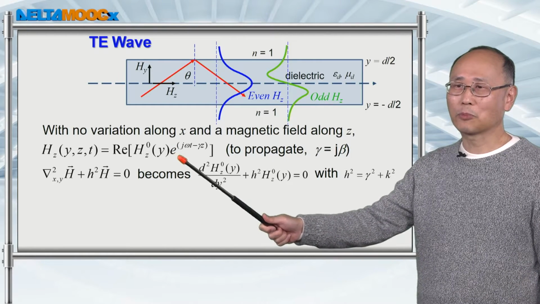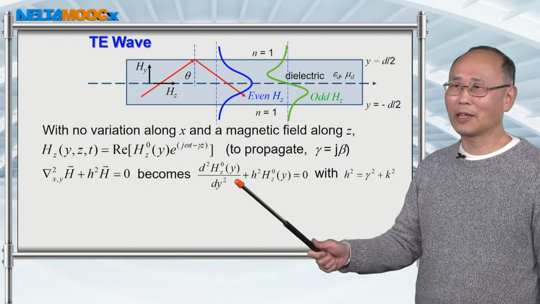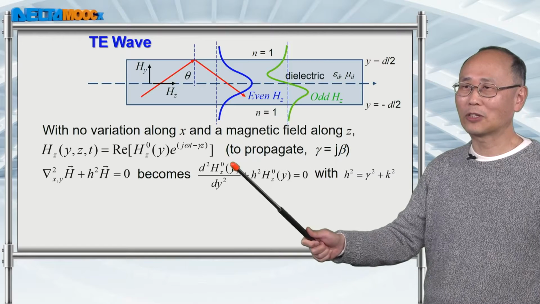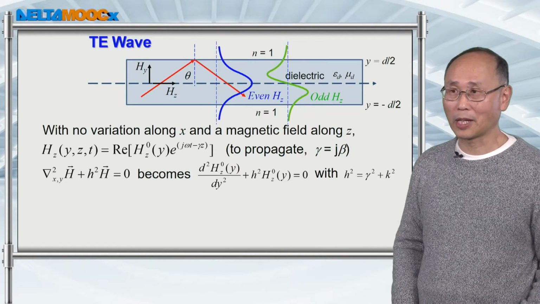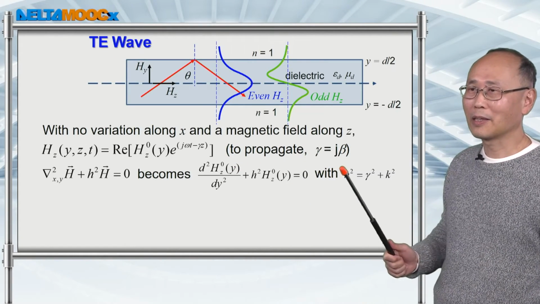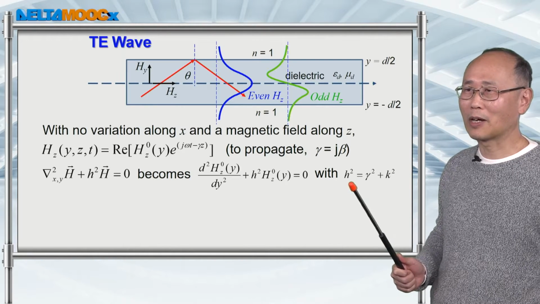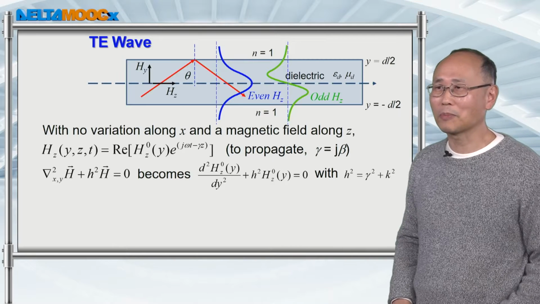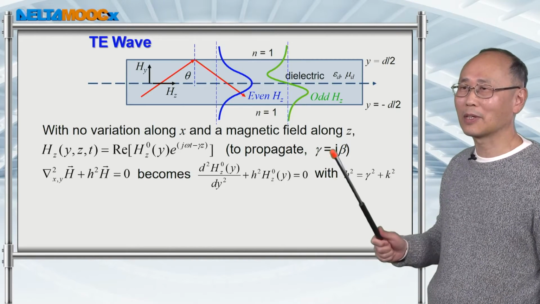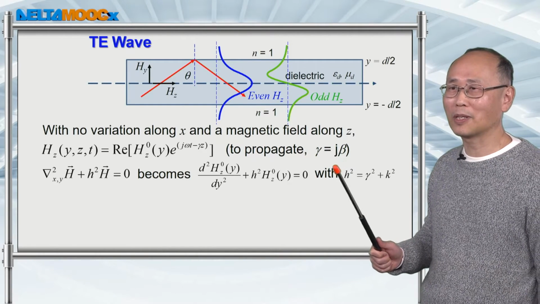Now, let's put this expression into Helmholtz equation, and then you write down this expression as a function of the Z component of the magnetic field. Again, the eigenvalue will satisfy this dispersion relationship, h squared equal to gamma squared plus k squared, but the gamma now is equal to j beta.